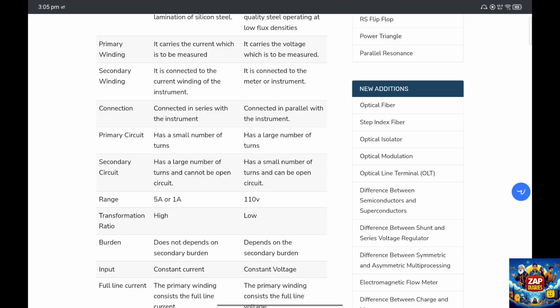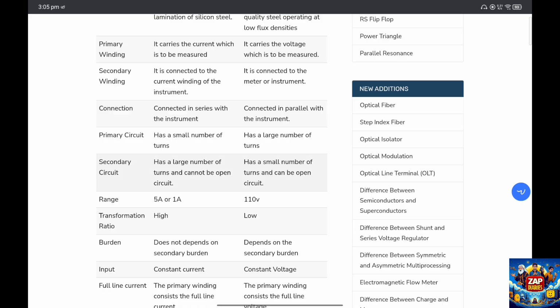Like, in the case of CT, you are passing only one conductor, so it will act as one turn. And in the PT, there is a large number of turns as it is a full size step down transformer.